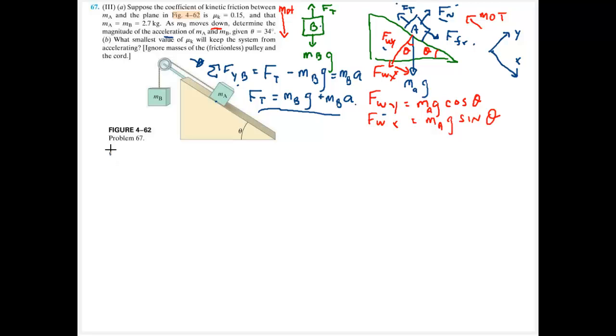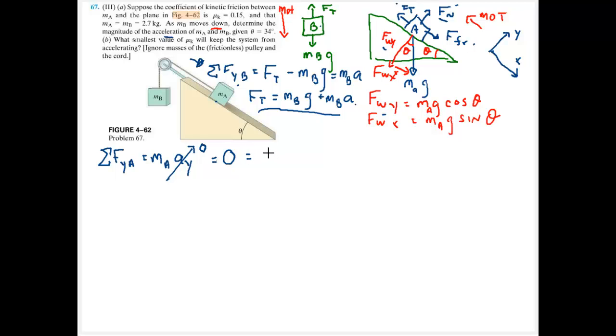Now let me look at Newton's second law for block number A, and I'll start by looking in the y direction. I write Newton's second law. The sum of the forces in the y direction for block number A is going to be the mass of A multiplied by the acceleration of A in the y direction. And in the y direction, A does not accelerate. So now we can see that choosing our coordinate system as we did has paid off, because we can set a equal to 0.